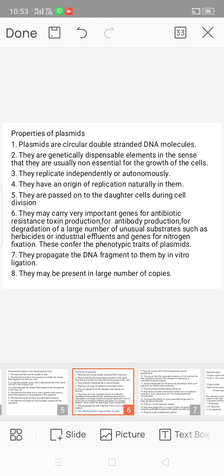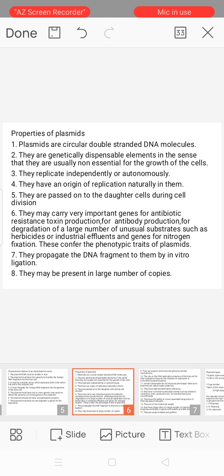And sixth one, they may carry very important genes for antibiotic resistance production, for antibody production, for degradation of a large number of unusual substrates such as herbicides or industrial effluents, and genes for nitrogen fixation.